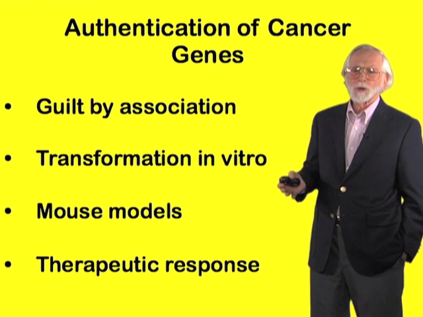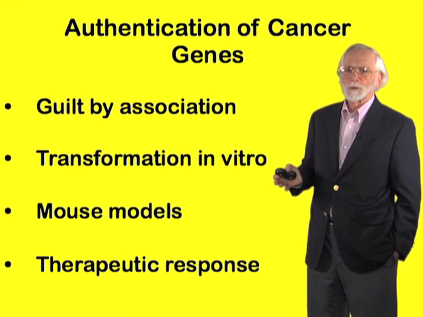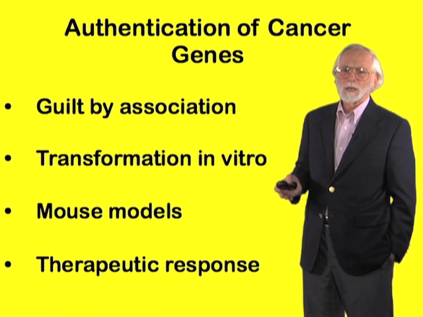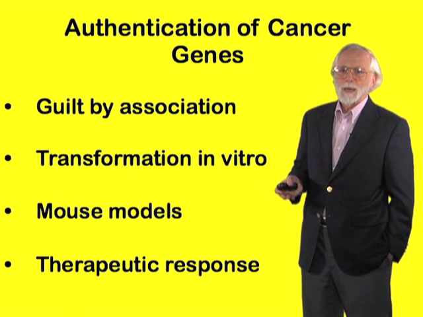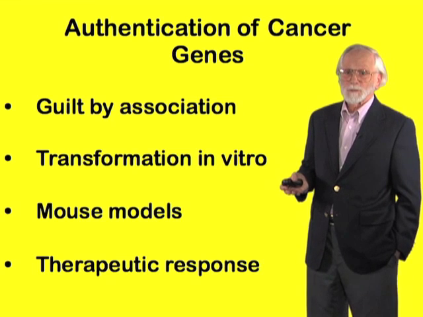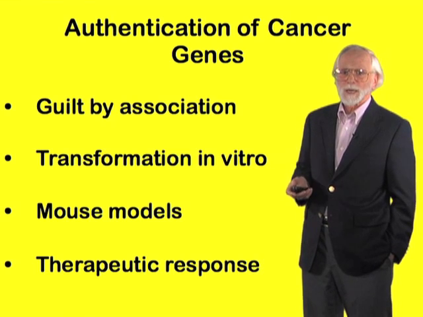We can also install replicas of the damaged proto-oncogene or tumor suppressor gene in mice. And this often leads to the production of tumors, and it often leads to production of the same kind of tumor in which the lesion was originally identified in human cancers.